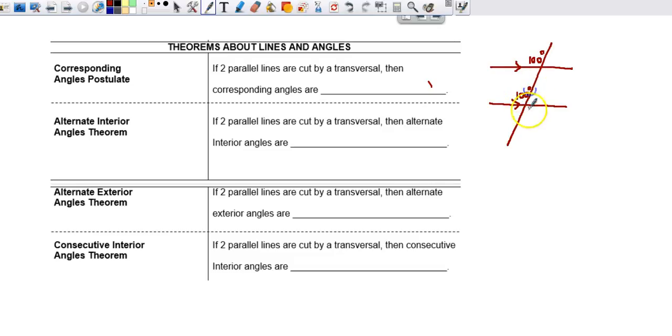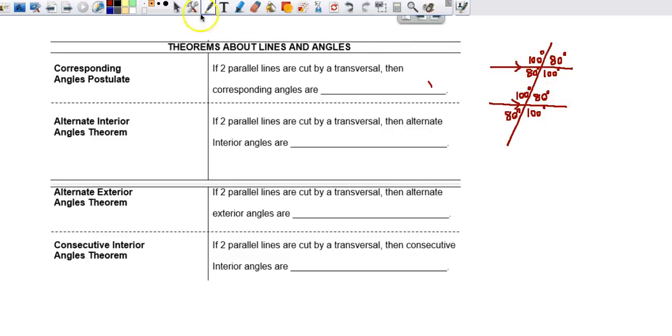It's going to be the same measure. Any two angles that form a line, add to 180. So this would be 80 degrees here. And we know vertical angles are congruent. So in this example, I either have 100 or 80. You might see 70 or 110 or 50 and 130, whatever it is, you're only going to see two numbers if these lines are parallel.